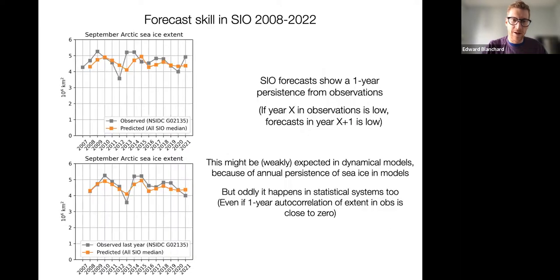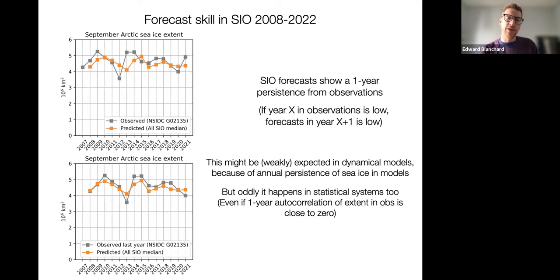Okay, so something else we've noticed is that there is a 1 year persistence between the observations and the forecast. What I mean by that is that if in observations we have a very low year, for example, in 2012, we've noticed that the forecasts the following year tend to also be low.